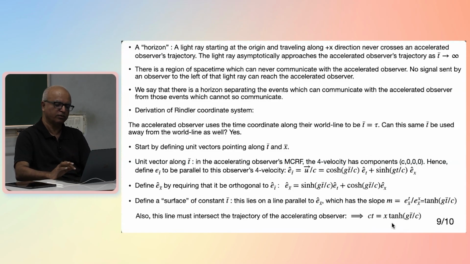So, y equals m x plus c, m is the slope, and c is determined by saying that this line should pass through the trajectory of the accelerating observer, and you will find that this is the solution. So, this is surfaces of constant t bar. A surface of constant t bar satisfies this relation, c t equals x times that constant. So, these are straight lines. Surfaces of constant t bar are straight lines.